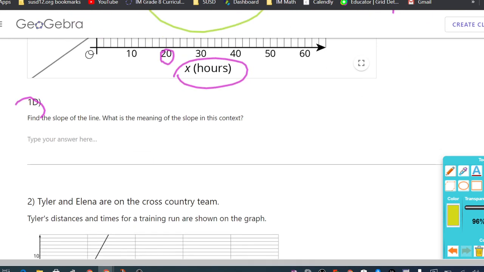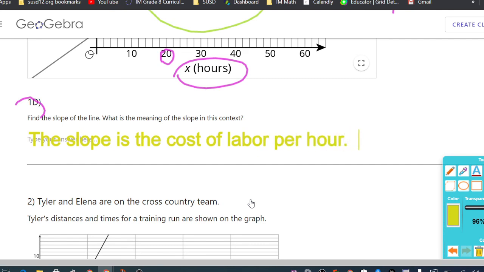Find the slope of the line. What is the meaning of the slope in this context? Okay, I helped you find it. Do you remember what it was? The slope is the cost of labor per hour.